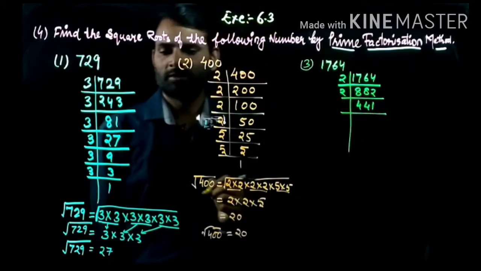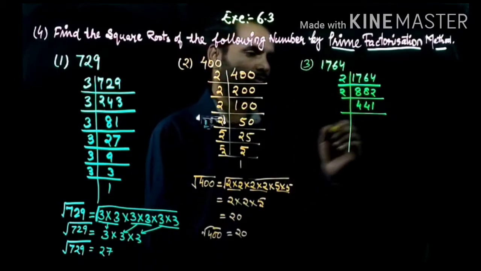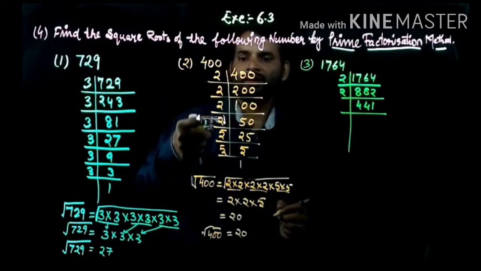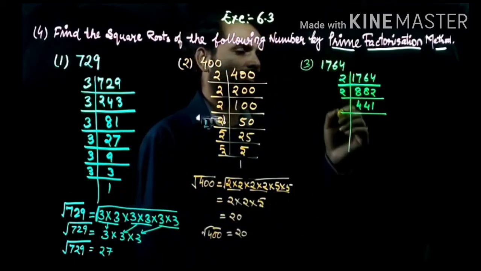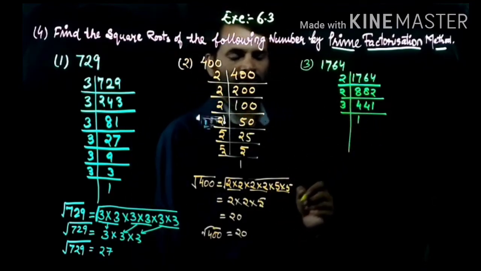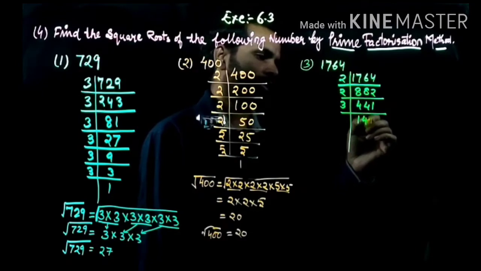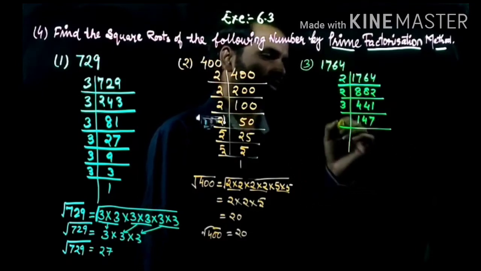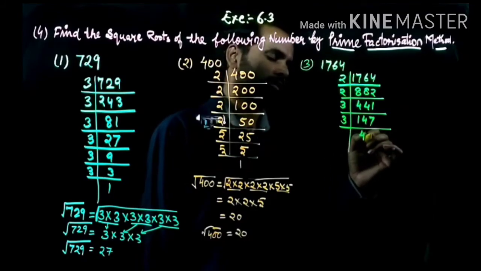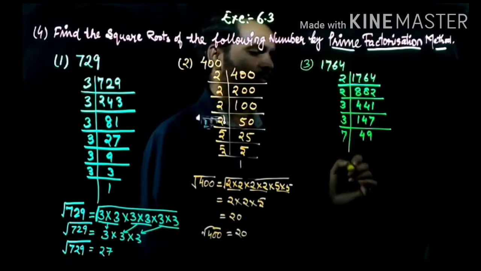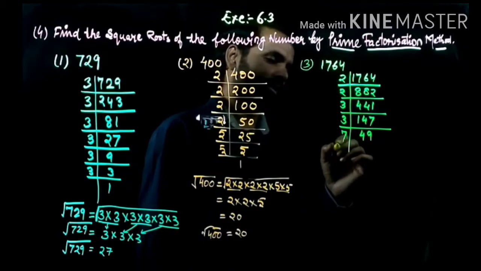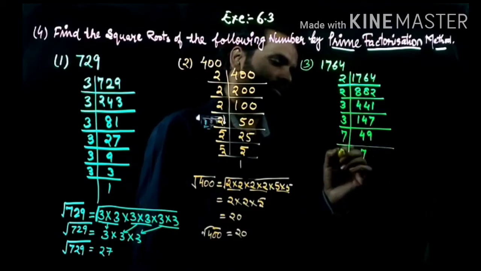Here the 1 is not divided by 2, so 3 applies, because 3 is a prime number, 2 is a prime number, 5 also prime number. Then 3 1s are 3, 3 4s are 12 and 3 7s are 21, then 3 4s are 12 and 3 9s are 27, then the next number is 49 which will not be divided by 5, so the next prime number is 7, 7 7s are 49.